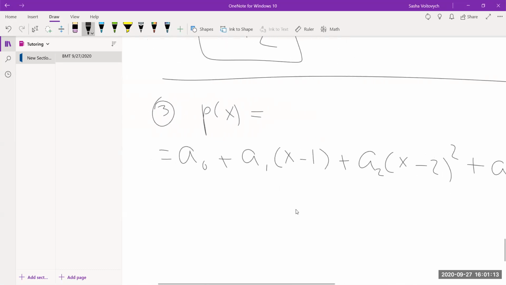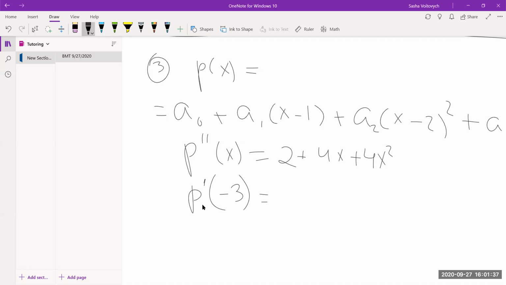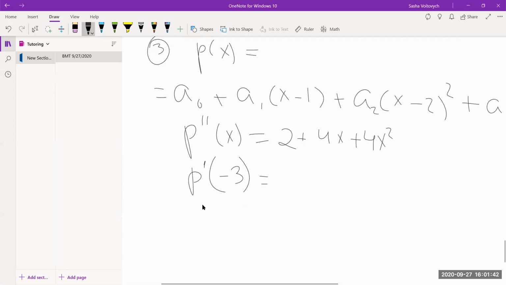All right. So also we are given the information that the second derivative of p is equal to 2 plus 4x plus 4x squared. So yeah, the third information that we're given is that p prime of minus 3 is equal to minus 24.